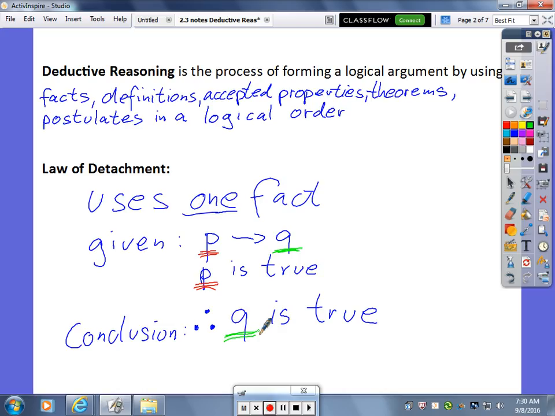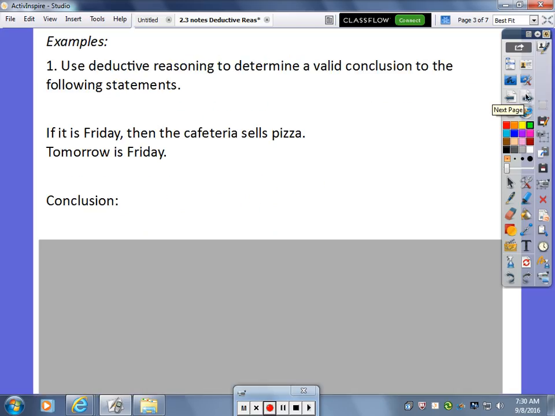Well then, let's look at an example. Use deductive reasoning to determine a valid conclusion to the following statements. If it is Friday, then the cafeteria sells pizza.